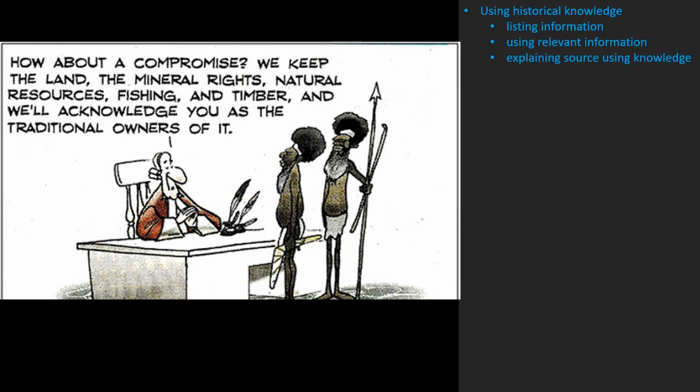Okay. How might I explain the source using knowledge? I could say the person seated on the left is a judge probably from the British Isles, and we know this because British settlers came to Australia in 1788, and there was a legal decision made in 1992, the Mabo case, which gave Indigenous people traditional rights to the land.